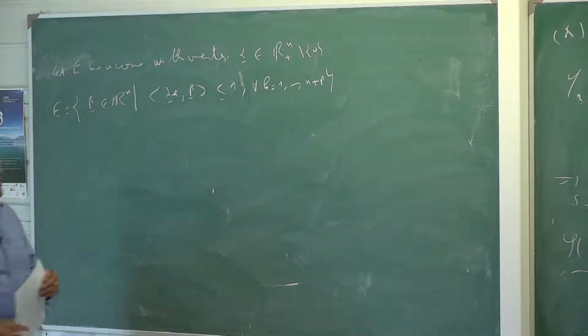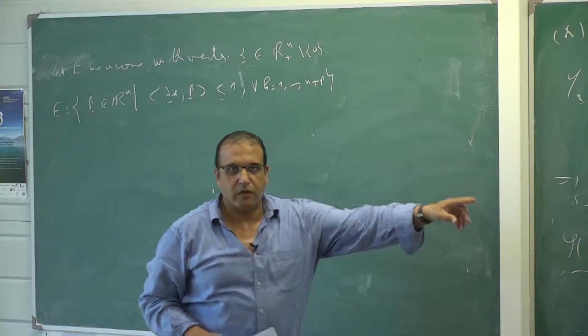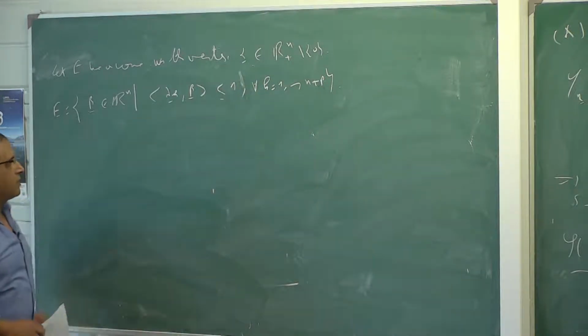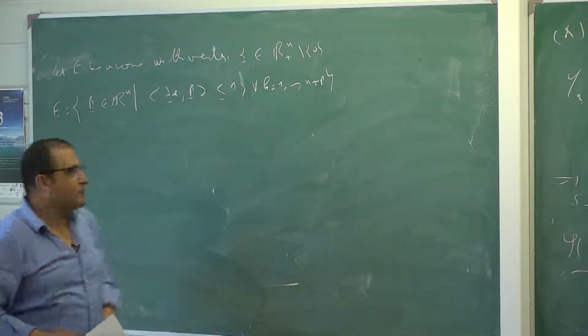So in dimension 2 you don't need p, as you can see in this picture, but in dimension 3 and greater, sometimes you need more vectors than n vectors.